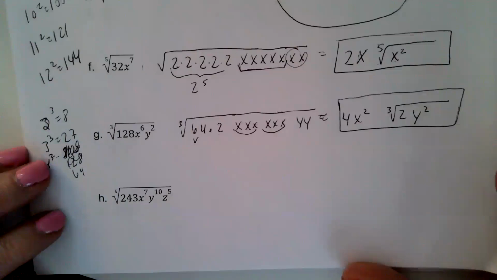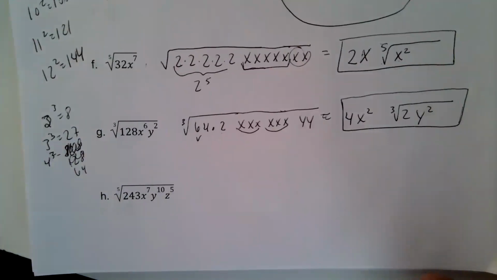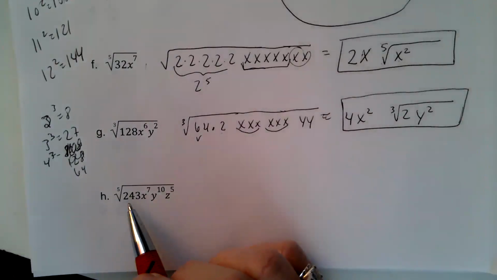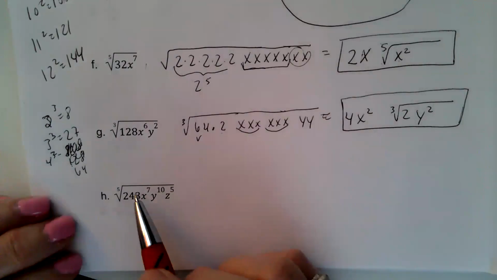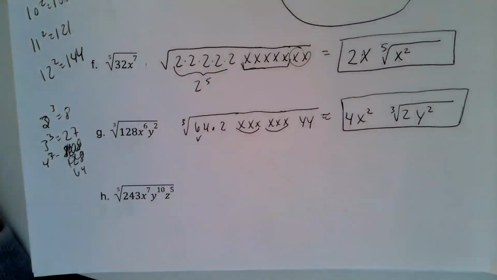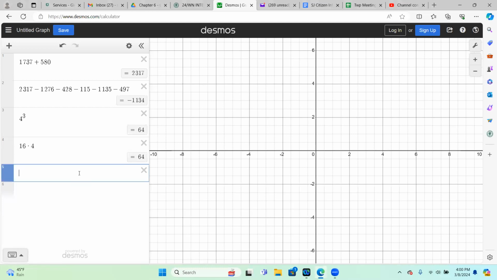Okay, next. So 243 to the 5th. So I need to look at powers of 5. So again, if you go to Desmos and just look at your powers of 5, 3 to the 5th. Oh, it's 243. I got lucky. 3 to the 5th.